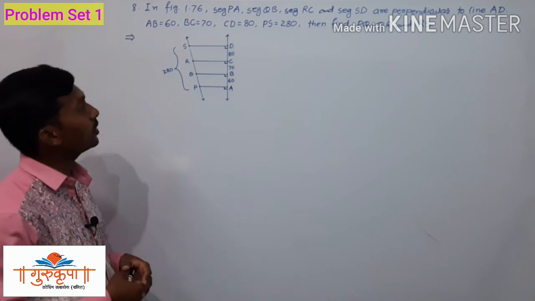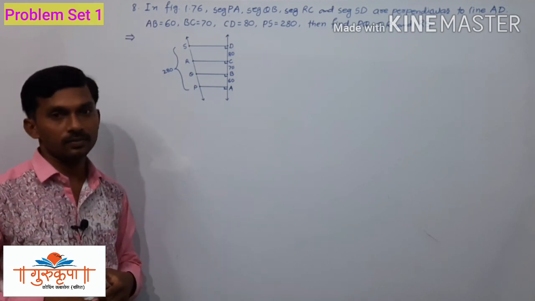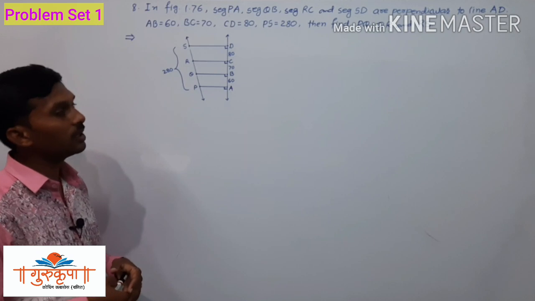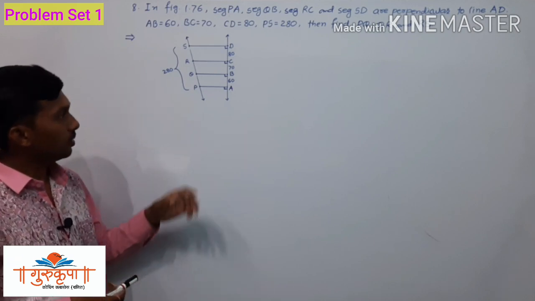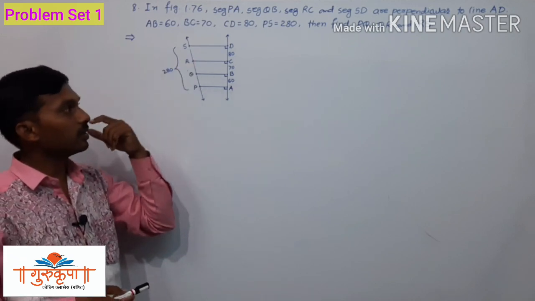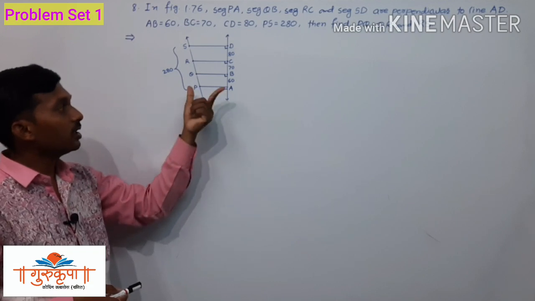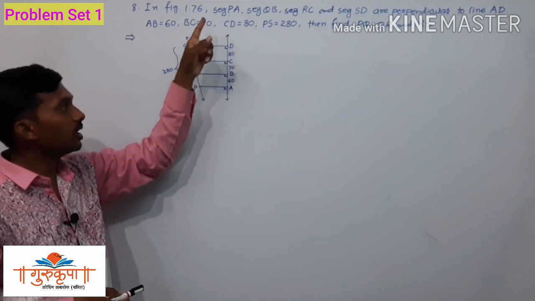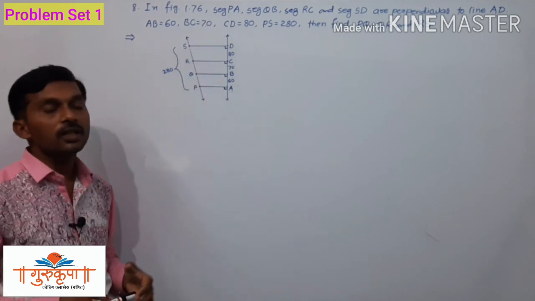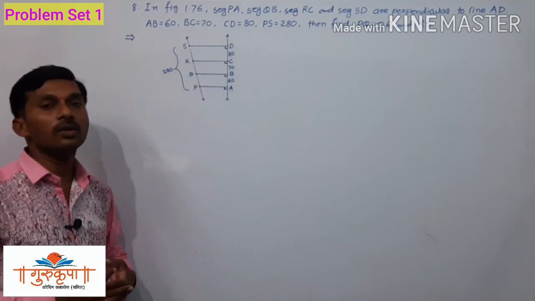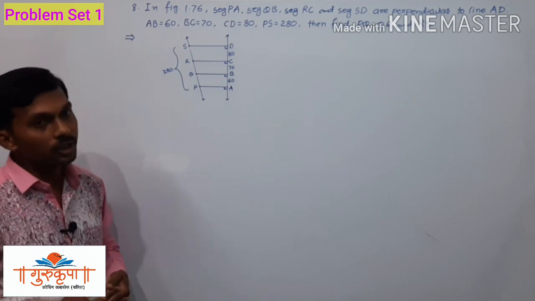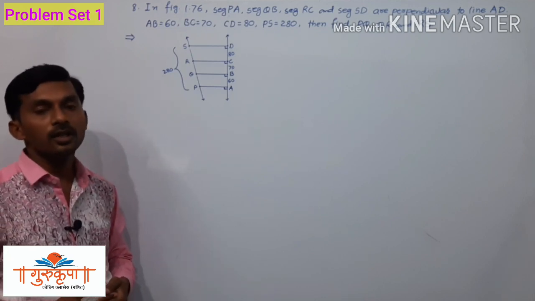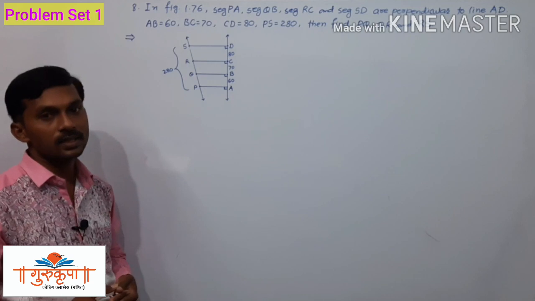Now after observing the diagram given in the question, we get that these 4 lines PA, QB, RC and SD are perpendicular to the line AD. And as all of you know, we studied that property in the 8th standard, in the second lesson, parallel lines.